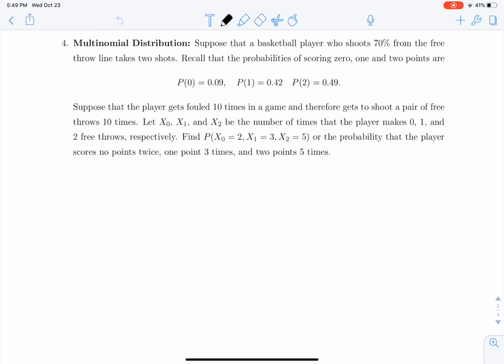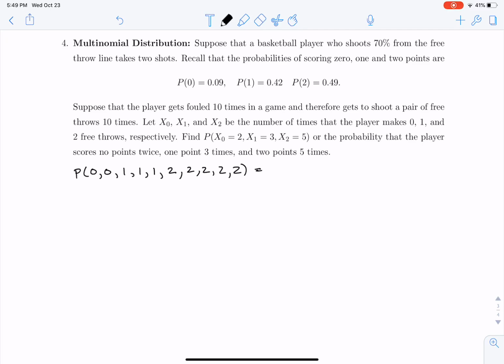So we're going to start by just doing the example where the player the first time makes 0 free throws, the next time makes 0 free throws, and then 1 free throw, 1 free throw, and 1 free throw, and then finishes with 2 free throws each time for the last 5 attempts at the free throw line.